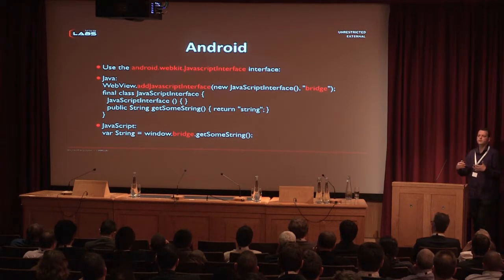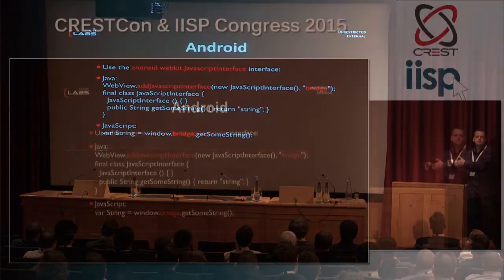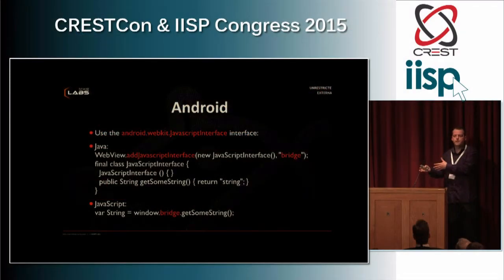When you inspect the DOM, you'll see an object called bridge. It'll stand out because you can't use introspection on it to enumerate what's exposed. And basically, on any of the hybrid apps, you might see a prototype library or something like that. It'll have defined bridge dot object and then passing parameters backwards and forwards. And you just define that in your Java, and it's directly accessible from the web container.